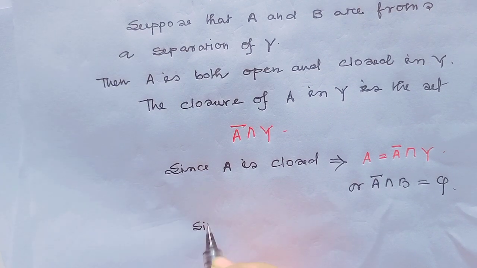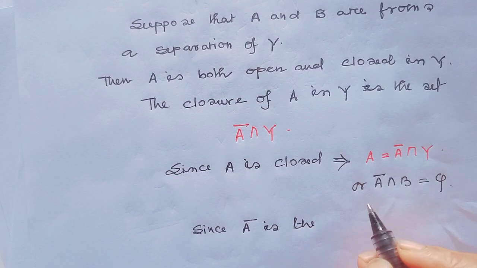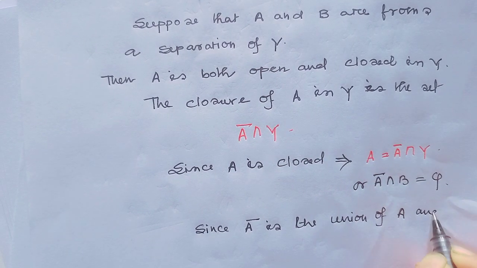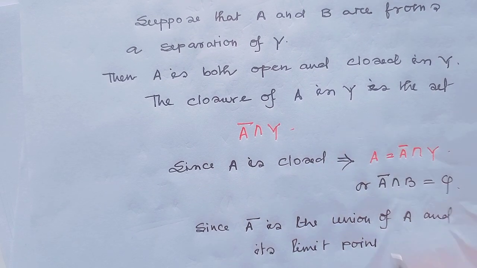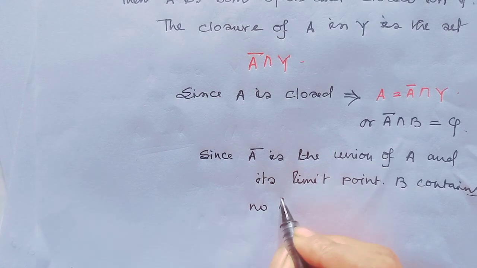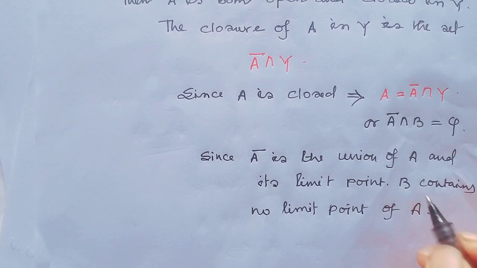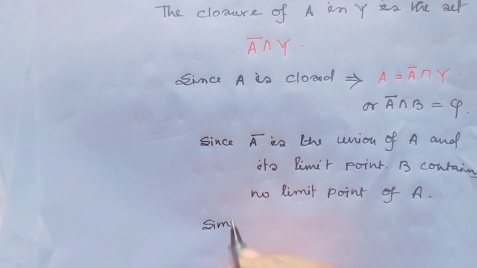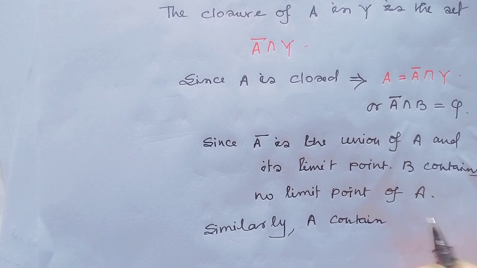Since A closure is the union of A and its limit points, B contains no limit points of A. Similarly, A contains no limit point of B.